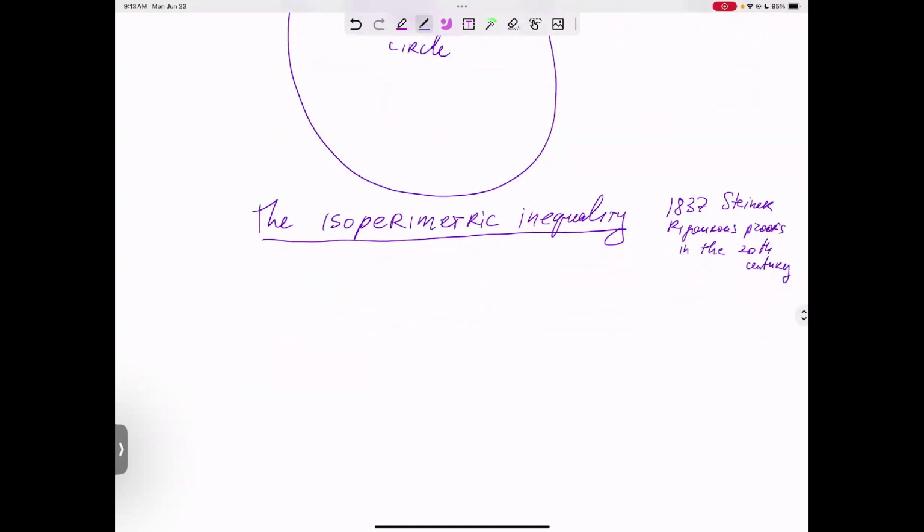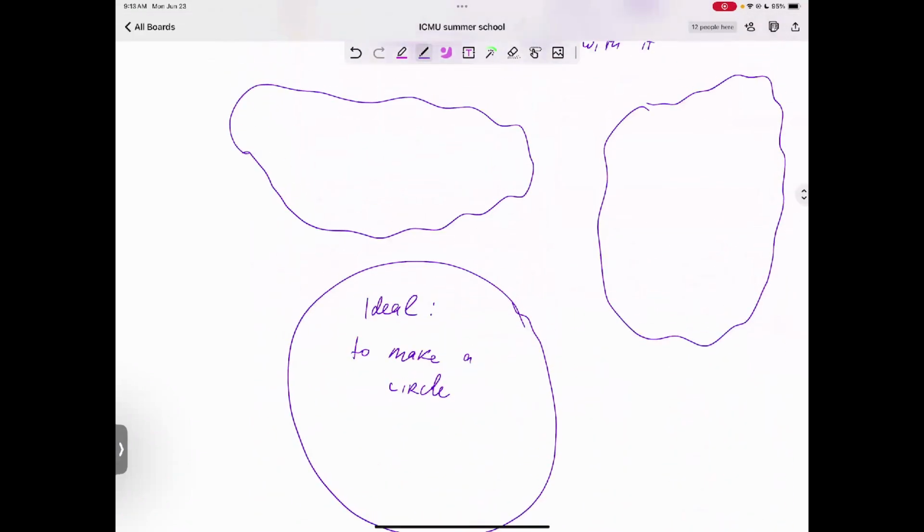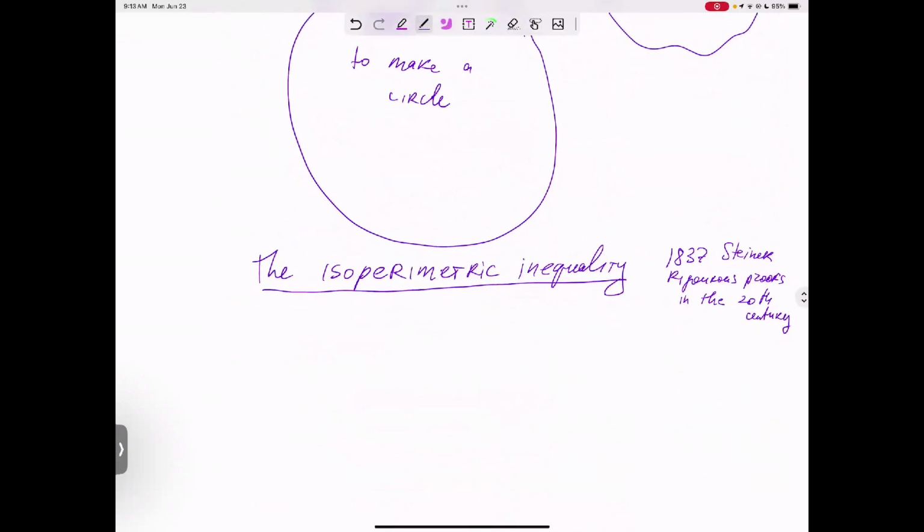The isoperimetric inequality tells you that of all the regions, in the same way as you can say if you prescribe the perimeter and want to maximize the area, the circle wins. Alternatively, you can say that you want to prescribe the area and minimize the perimeter, and that's when the circle wins. So of all the shapes of fixed area, the disk or circle has the smallest perimeter.